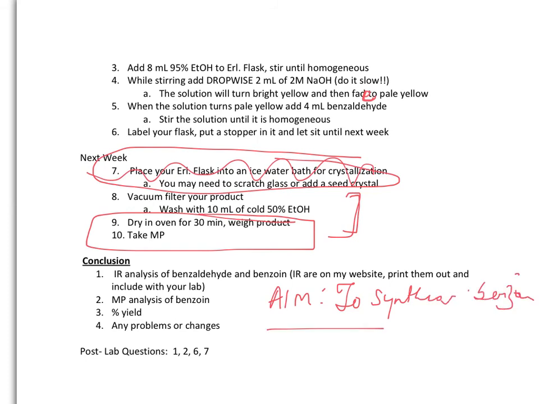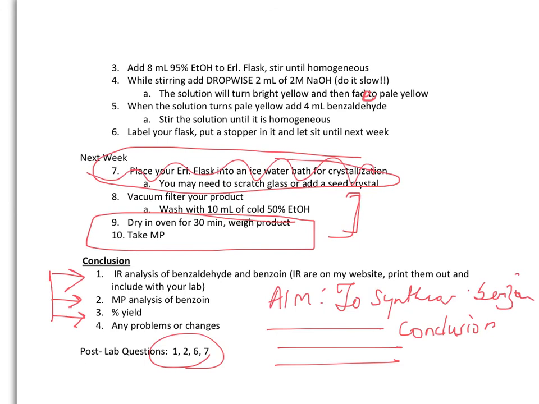And so you have the materials required, you have the procedure, you have the observations, and in your final conclusion, I am seeking the IR analysis between benzaldehyde and benzoin, which you are going to take next week. You're going to be figuring out the melting point of benzoin that you found. You will determine the percentage yield. So those are the three things you'll discuss there. And of course, the post-lab questions for part A are 1, 2, 6, and 7.